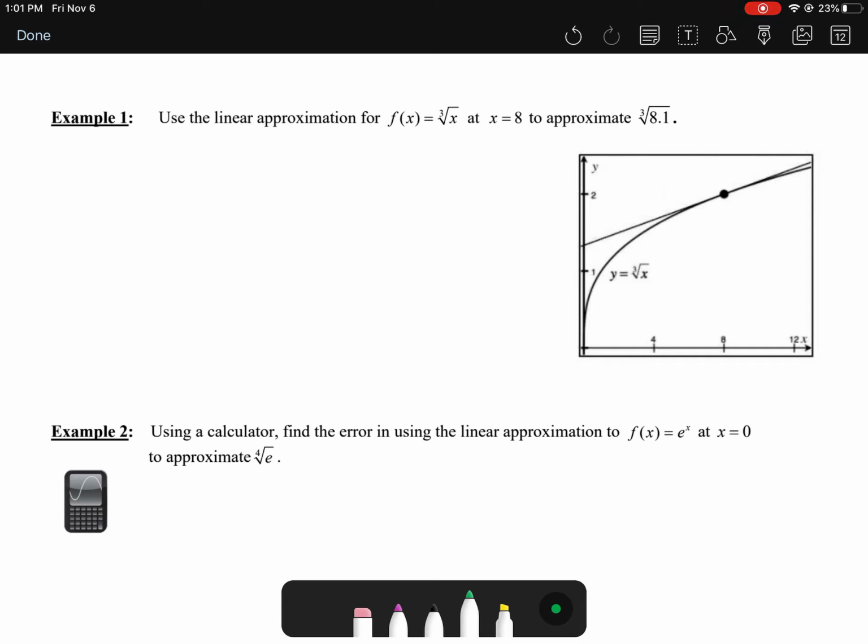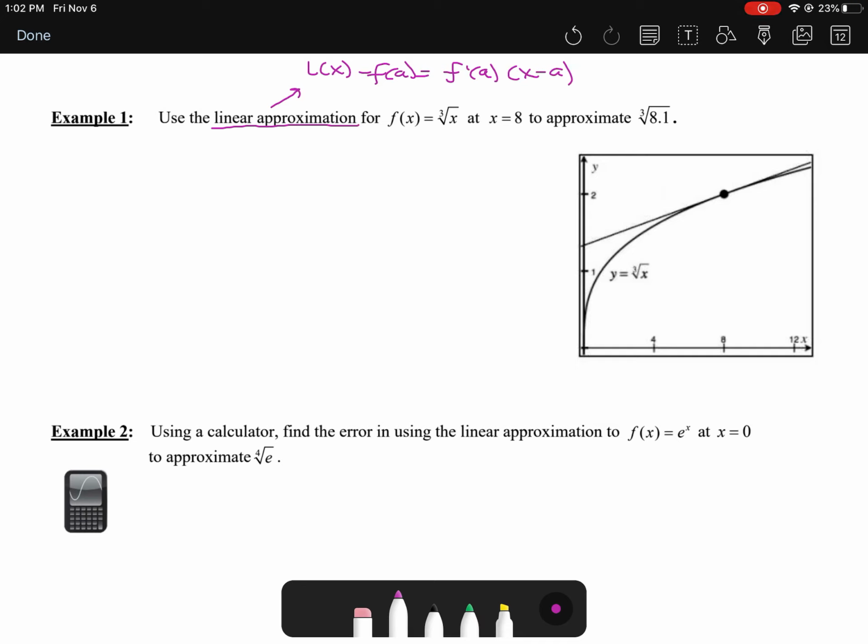Example 1. Use the linear approximation for f of x equals the cube root of x at x equals 8 to approximate the cube root of 8.1. Well, the keyword here is linear approximation, so I should be thinking of this equation: L of x minus f of a equals f prime of a times x minus a.